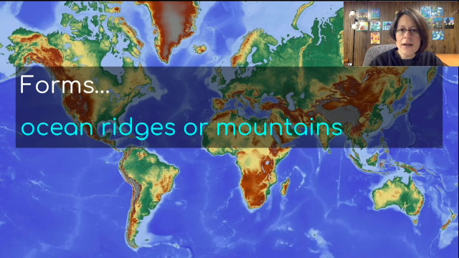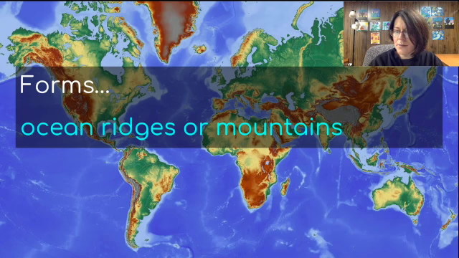We also have over here, and I'm looking at my map again, because I don't memorize this stuff, right? I have my map to refer to. The Arabian plate and the African plate, we have this body of water right here, okay? And that is at a divergent plate boundary.